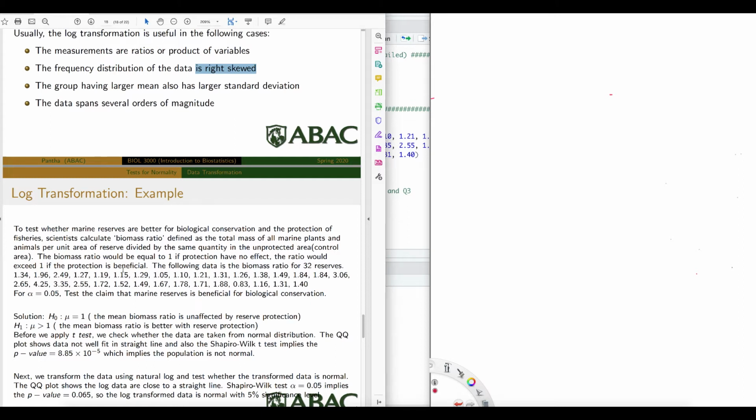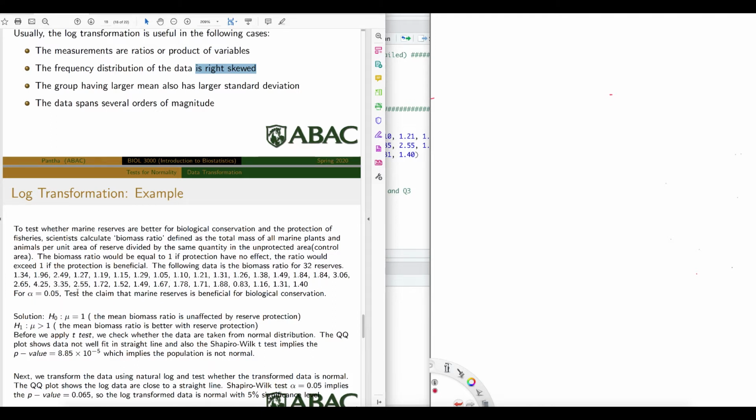The biomass ratio would be equal to 1 if the protection has no effect, because with protection and without protection you get the same value. The ratio would exceed 1 if the protection is beneficial. The following data is the biomass ratio for 32 reserves. They found the biomass ratio of the 32 sample reserves, okay? So these are the biomass ratios.